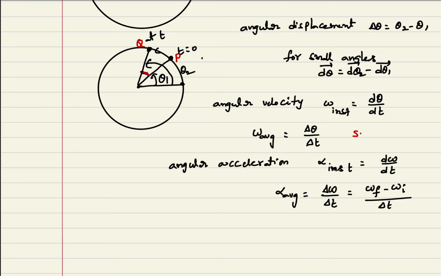Here the SI unit is radian per second, and the SI unit of angular acceleration is radian per second square.